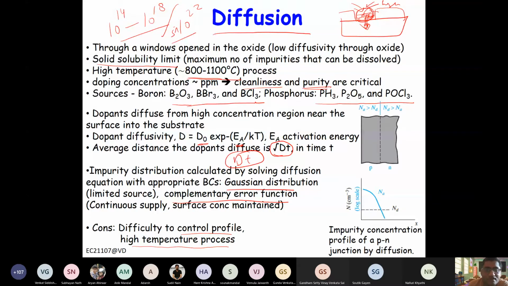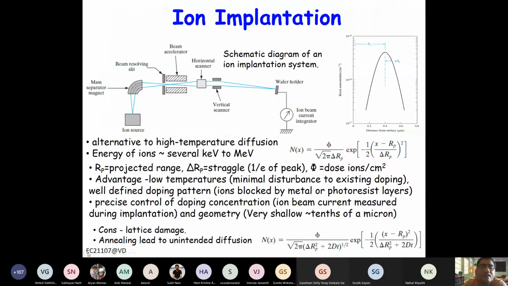So there is another method which is more precise, called ion implantation. In ion implantation, these dopant species are ionized, and they are selected using a mass separator magnet, because in the magnetic field, according to the ratio of Q by M, these species will respond.